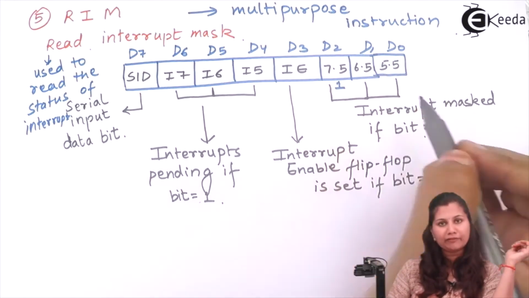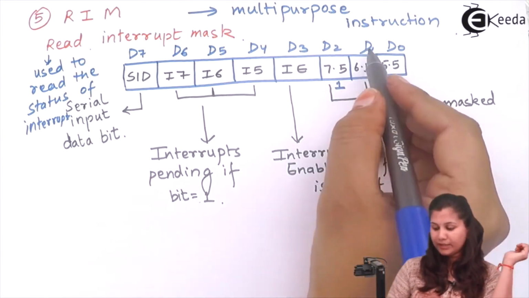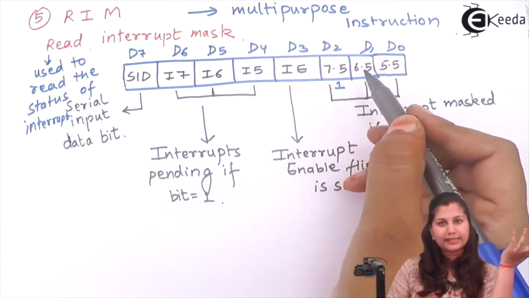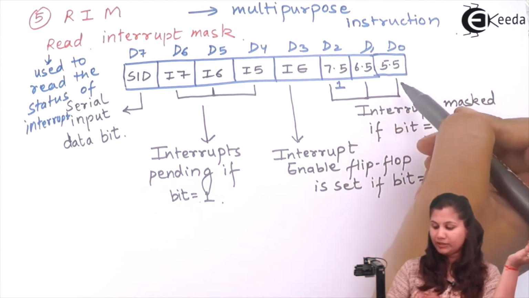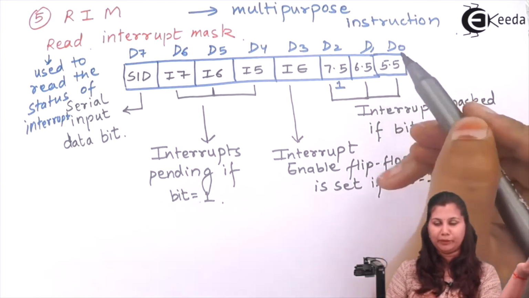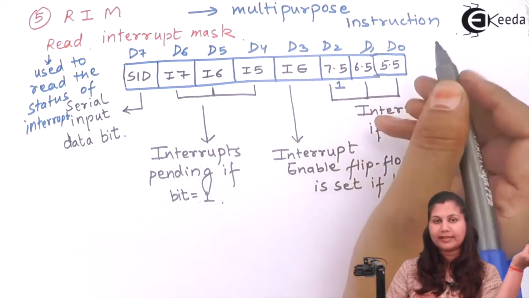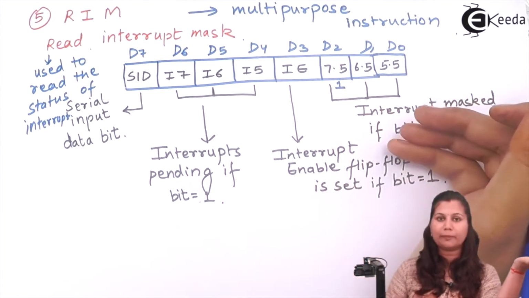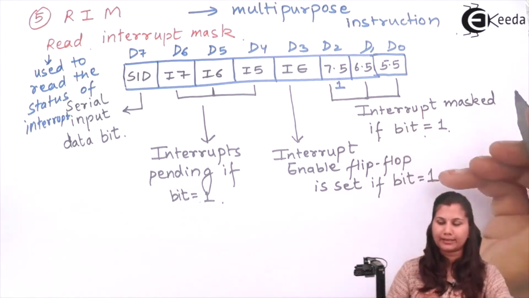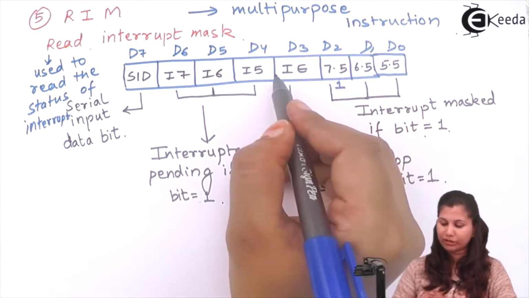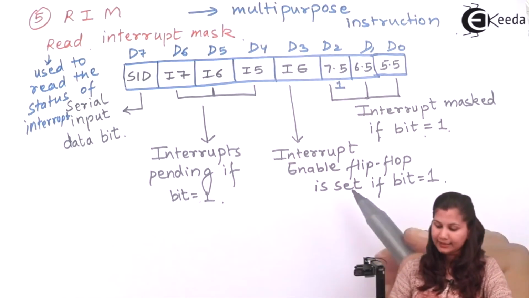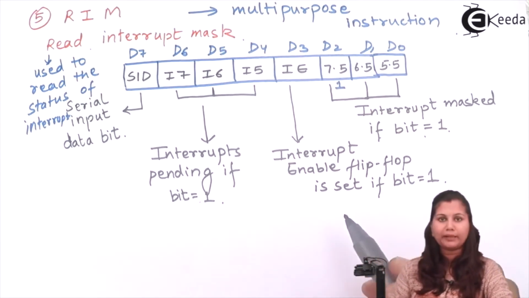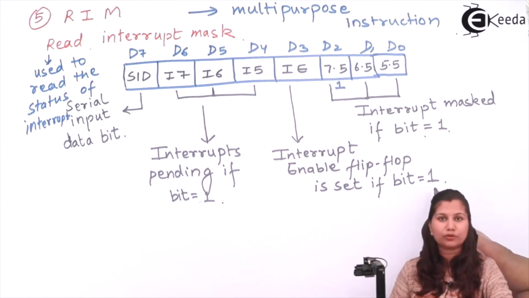If this bit D1 is 1, then 6.5 will be masked. If D0 is 1, then 5.5 will be masked. So these 3 bits are defining whether the interrupt will be masked or unmasked. Now this D3 bit is IE, that is the interrupt enable flip-flop. It is set if the bit is equal to 1.